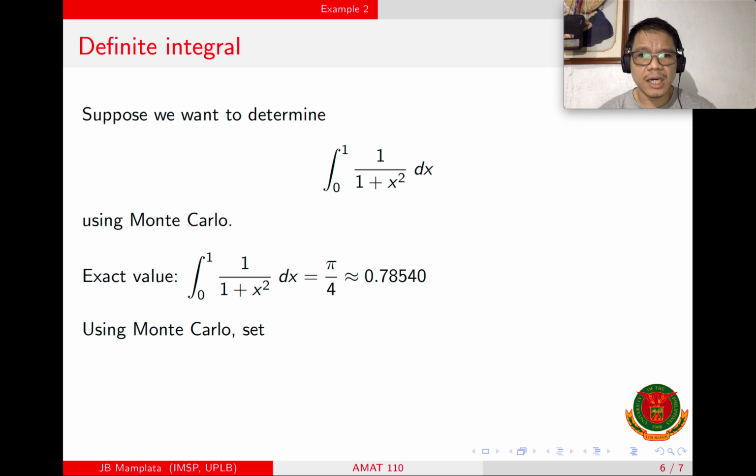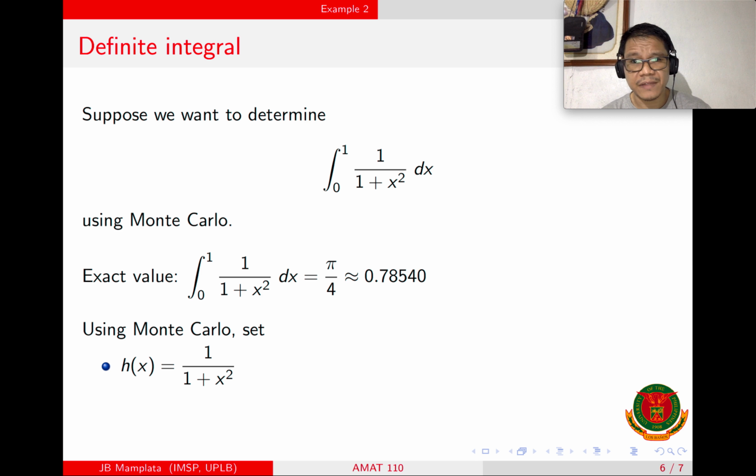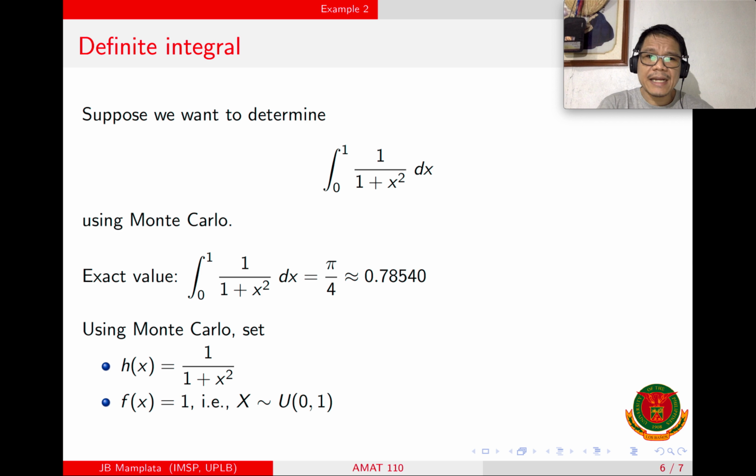Using Monte Carlo, i-define natin yung h natin. So here, pwede natin i-define yung h natin as yung buong integrand natin, 1 over 1 plus x squared. So if this is the case, kung ito yung h natin, so yung corresponding density function natin na yung f, since wala nang natira from the integral, so mangyayari na lang na yung f of x natin ay equals to 1.